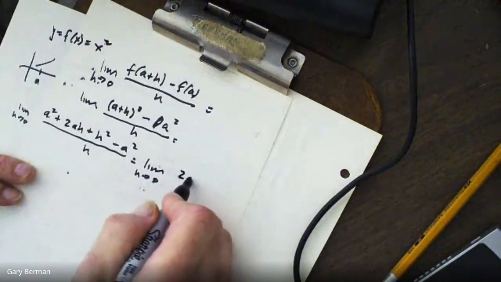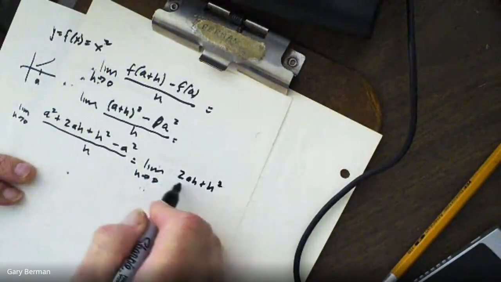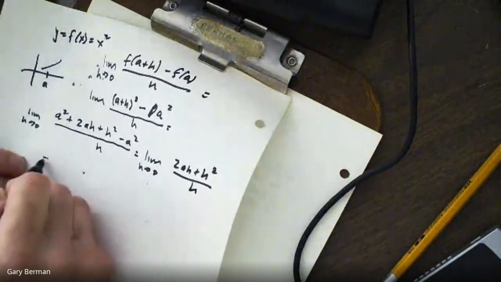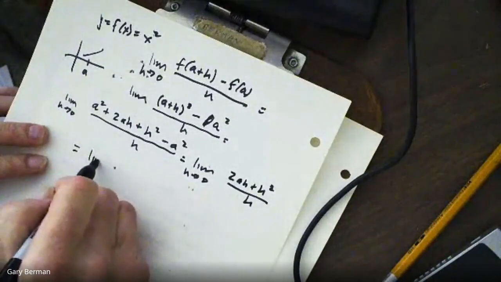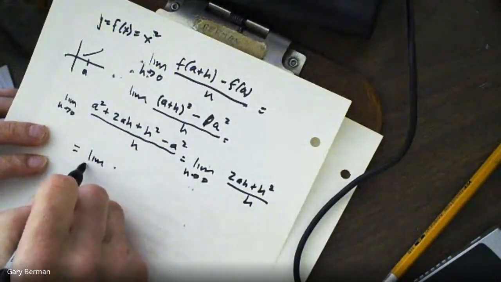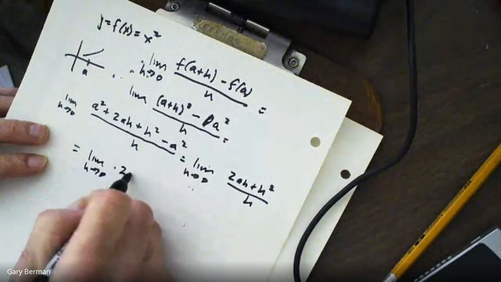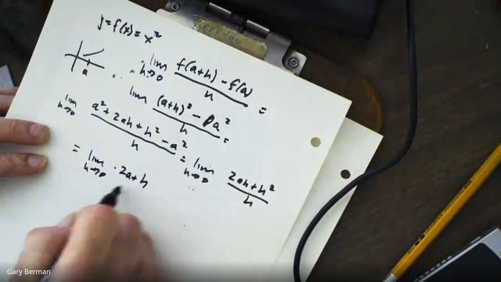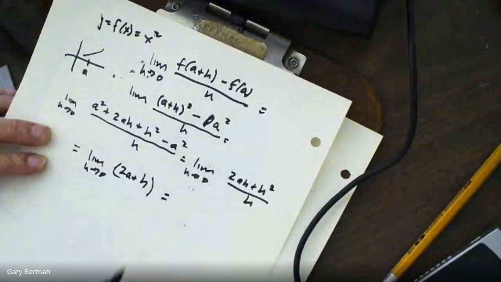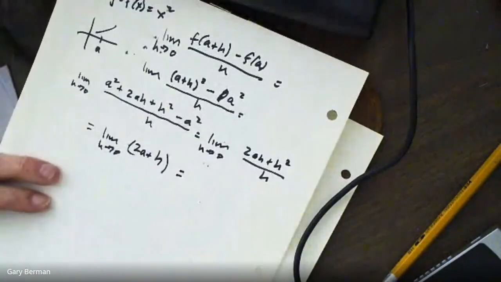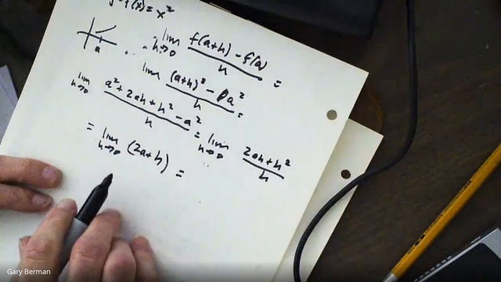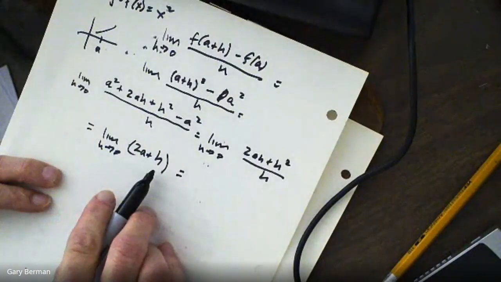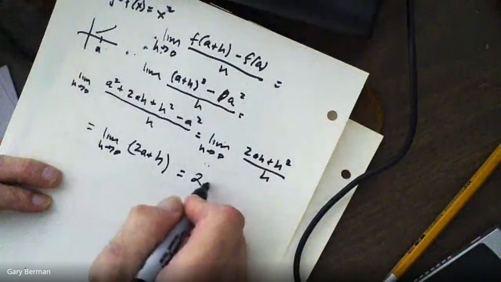So we're left with 2ah plus h squared over h. And this h cancels the h in 2ah, leaving 2a, and it cancels one of the squares. And now as I take the limit as h goes to 0, this leaves me with 2a.